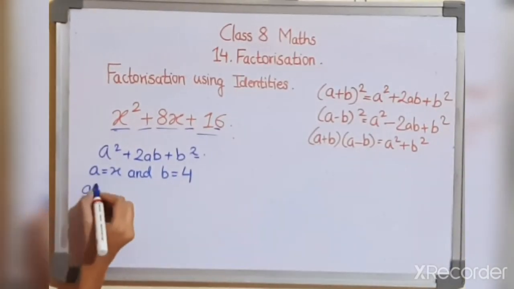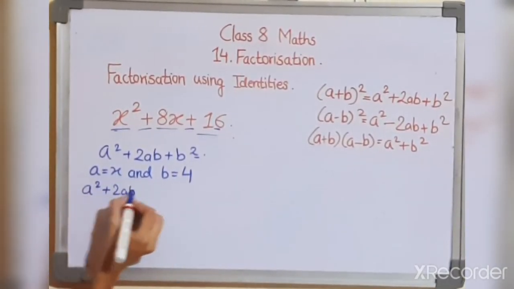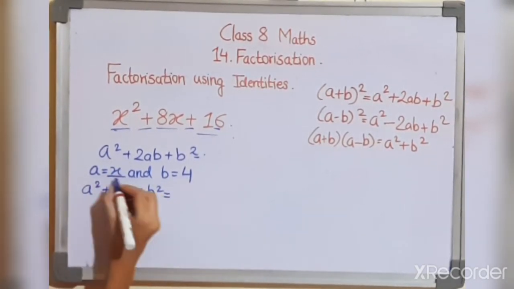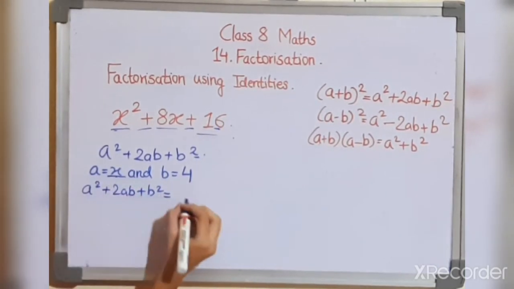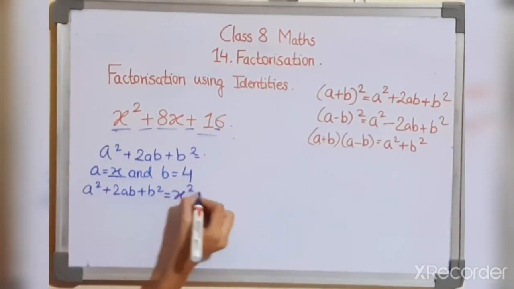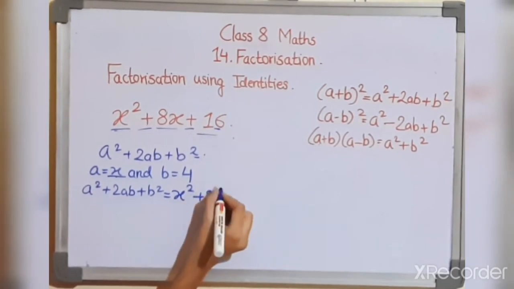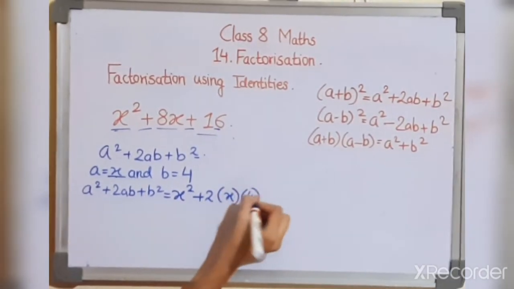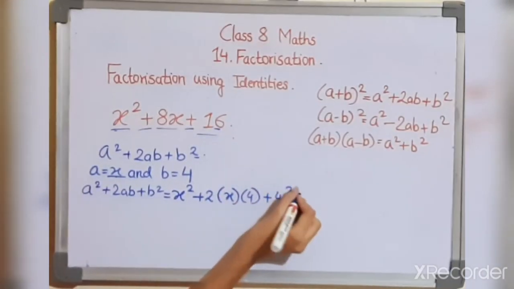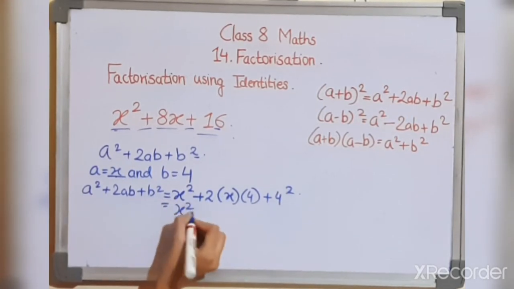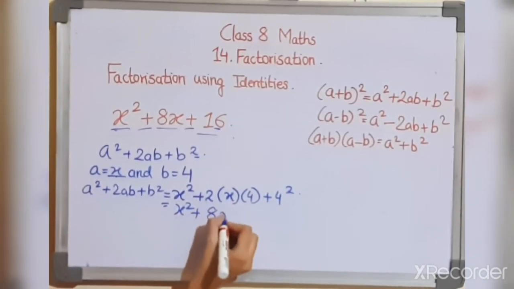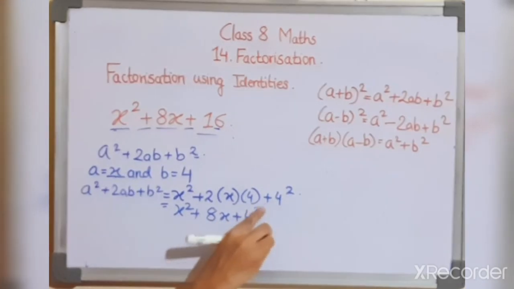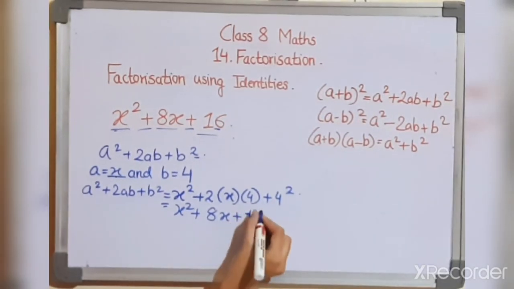such that a square plus 2ab plus b square is equal to x square plus 2 into x into 4 plus 4 square, which is equal to x square plus 4 2s are 8, 8x plus 4 square, and the square of 4 is 16, so we will write it down as 16.